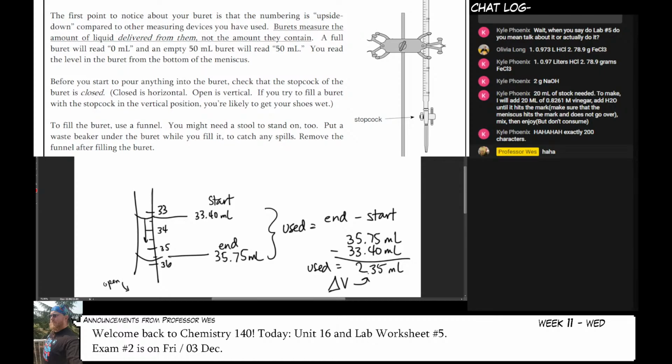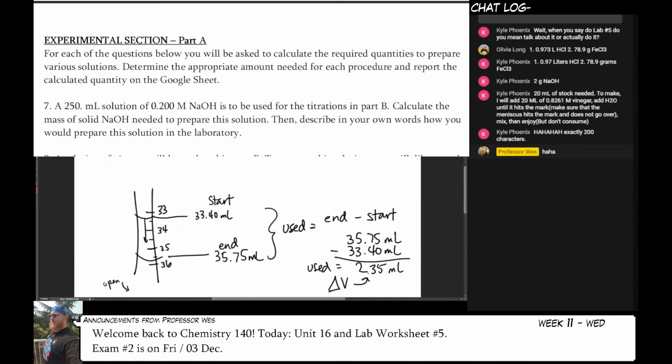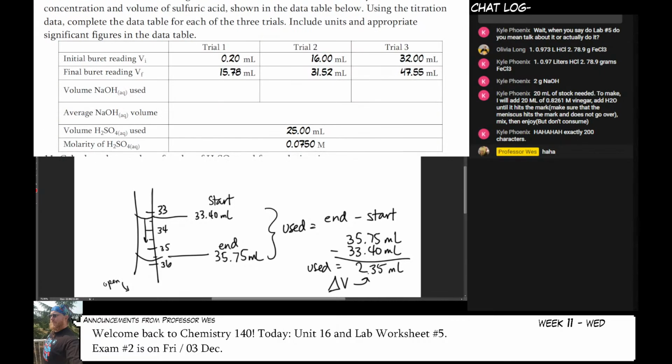So in the experiment, what I have done is I have done the experiment and given you some data tables here. There's my initial volume. There's my final volume. So you can see in trial 1, I started at 0.20. And when I was done, this is what it said, 15.78. So how much NaOH was used in the experiment?